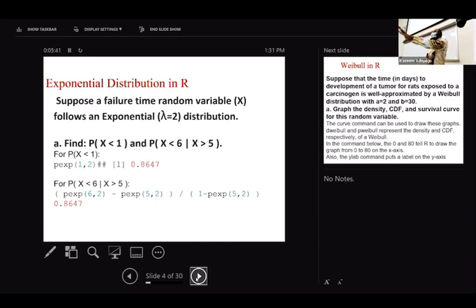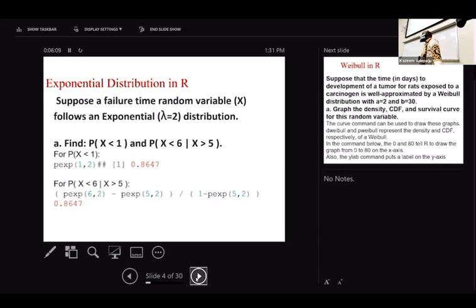And let me first tell you, what is the meaning of the exponential distribution? The exponential distribution is used to model the waiting time before the occurrence of an event. But the exponential distribution assumes a constant failure rate across time.